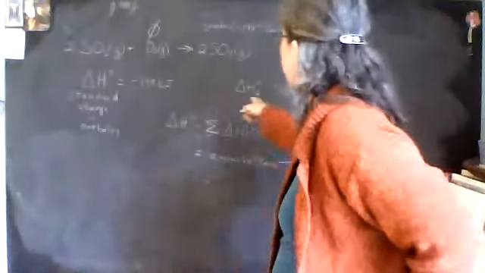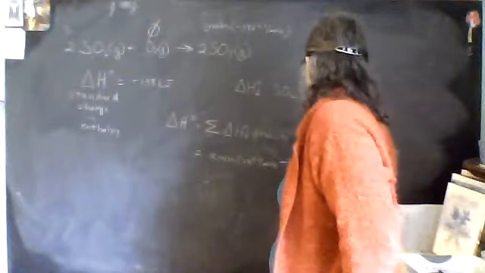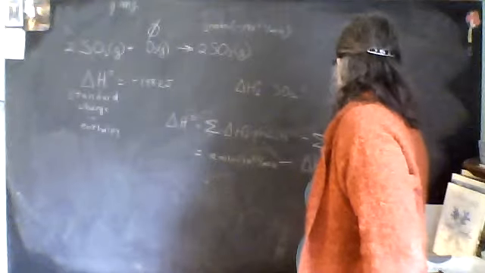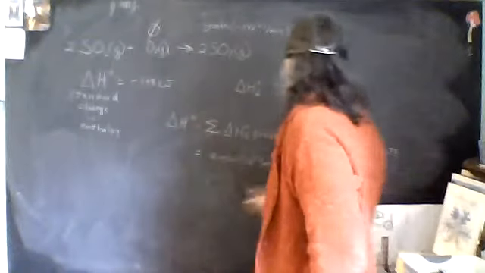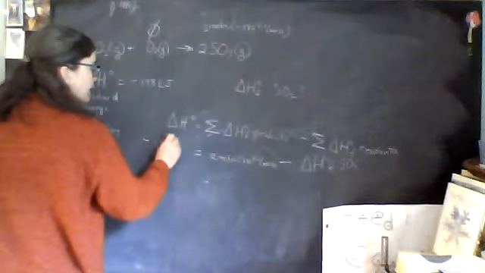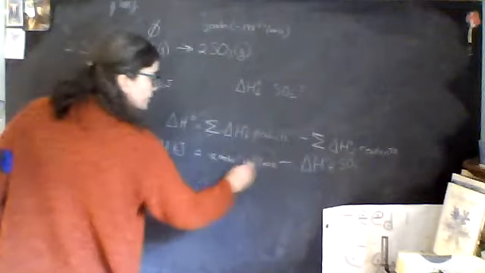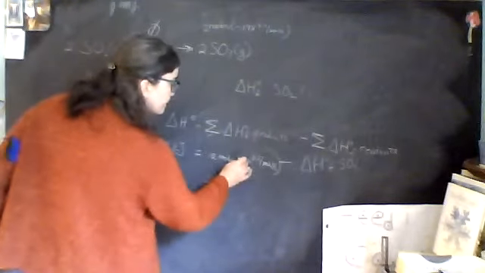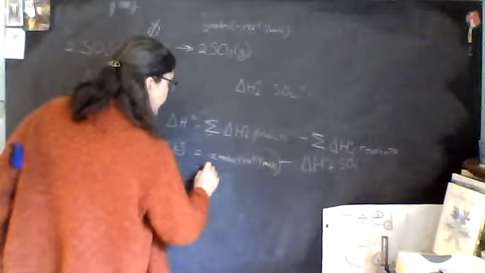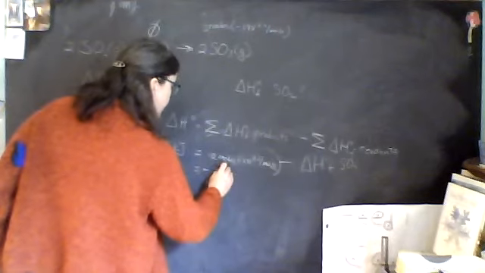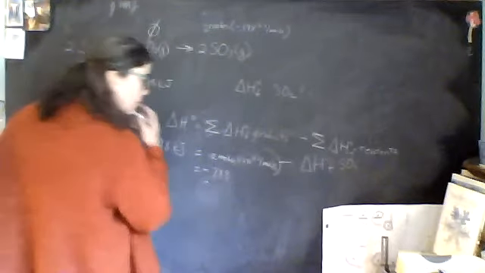All this is going to be is the standard enthalpy of formation of SO2, because this is 0, right? And what does it equal? It equals negative 198. So the standard enthalpy of formation of SO2 equals negative 198 kilojoules minus 2 times negative 396 kilojoules, over negative 2 moles.